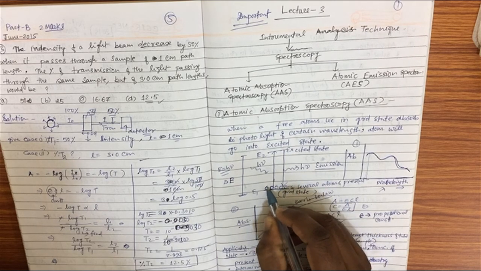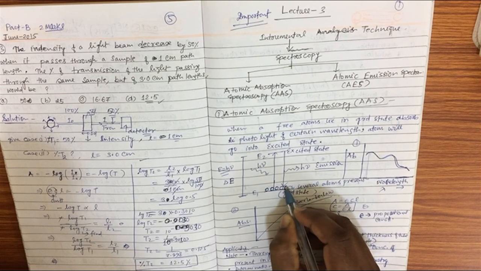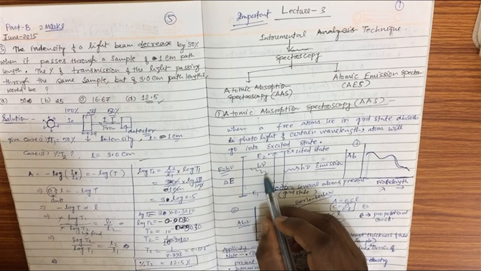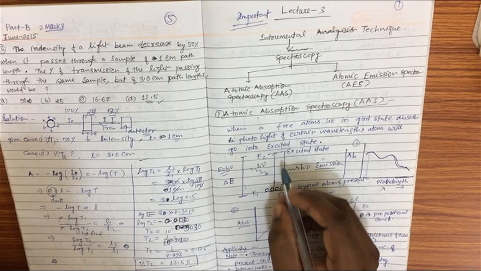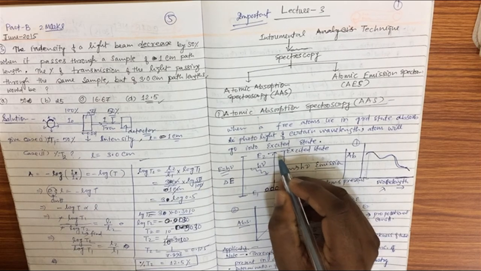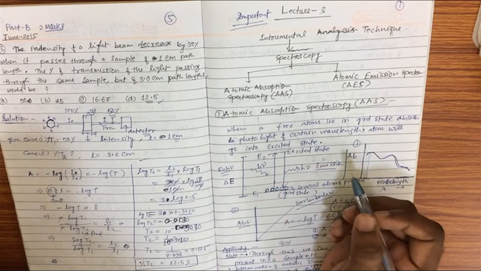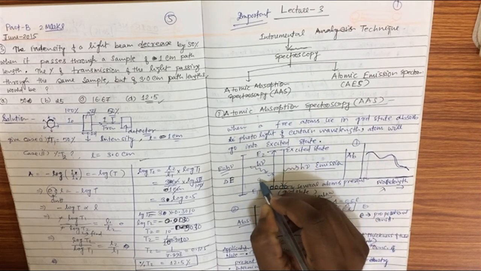There are several atoms present in your sample which are stable in the ground state, and after absorbing h nu photon light, they go to a higher excited state, E2, and this process is known as the absorption process.